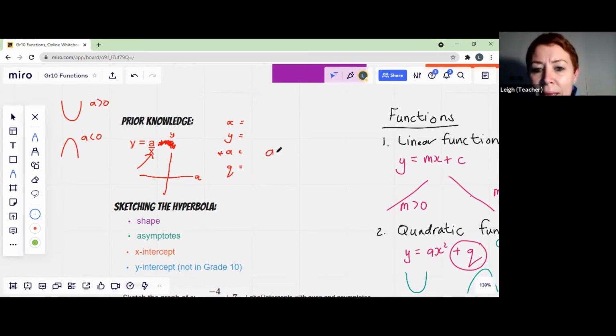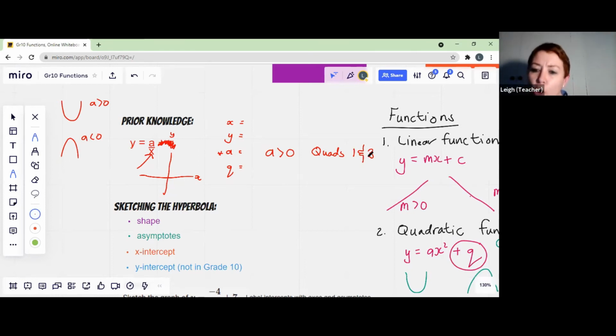When A is positive, your hyperbola is drawn in quadrants. Anybody want to have a go at that? Which two quadrants? Is it the first one? Beautiful answer. And the third one.